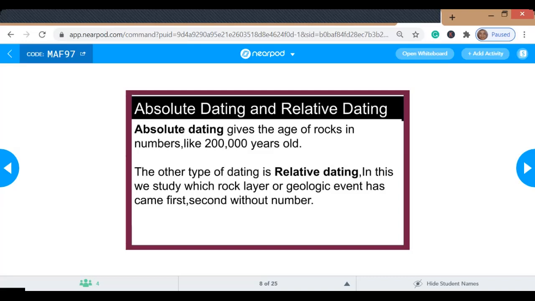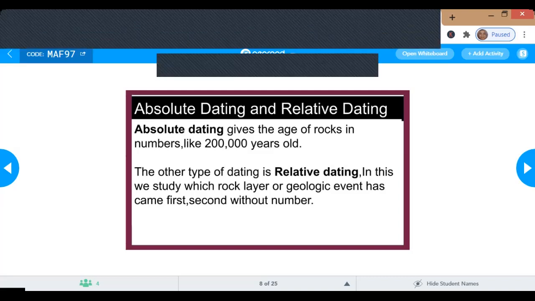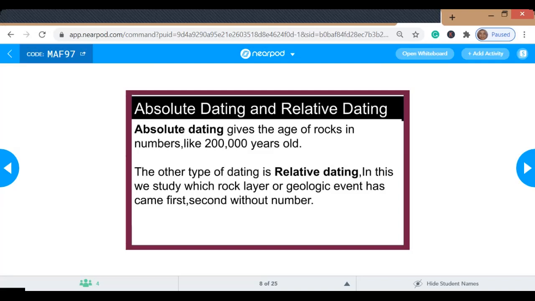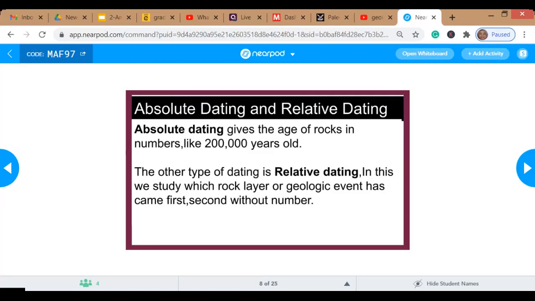Similarly, the other type of dating is relative dating. In this, you just study with the help of rock layers or geologic events which came first, second, without numbers. Now, in relative dating, you come to know which event was first and which was second. There is no number to define the age.